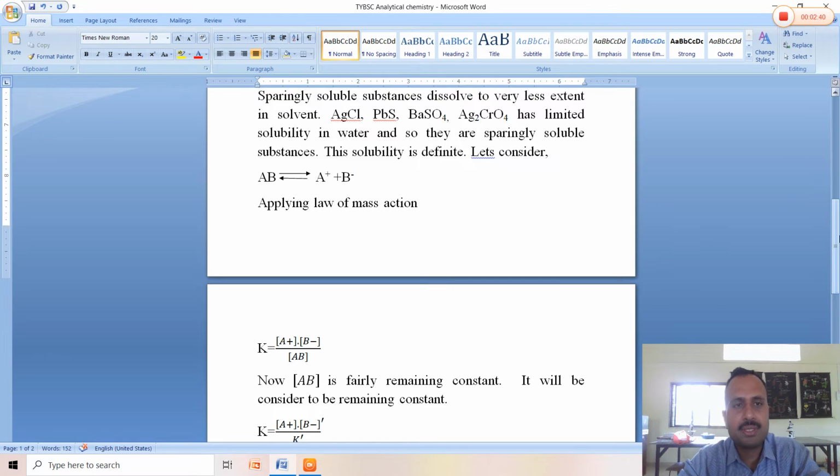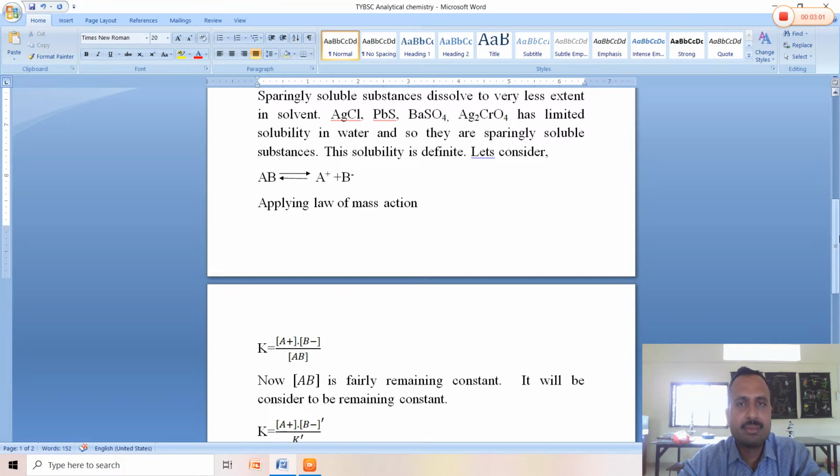Sparingly soluble substance is our next concept. The substances which have a minimum or limited extent of solubility in the solution are said to be sparingly soluble substances. For example, silver chloride, lead sulfate, barium sulfate, silver chromate are said to be sparingly soluble substances.